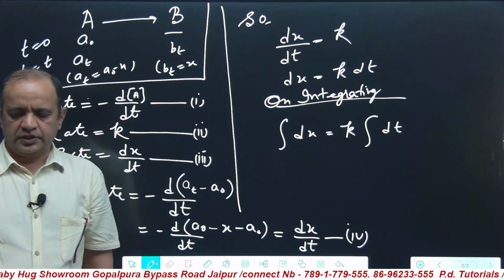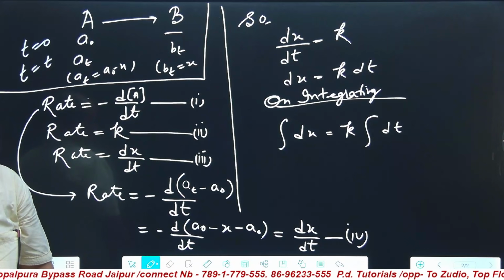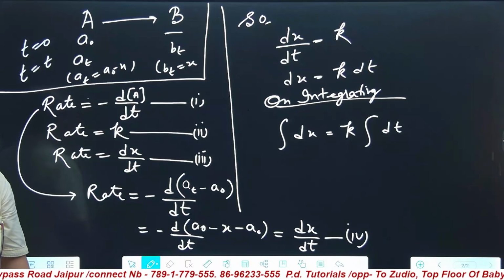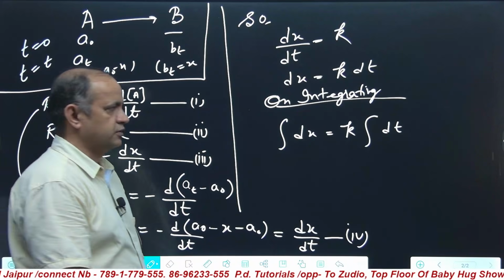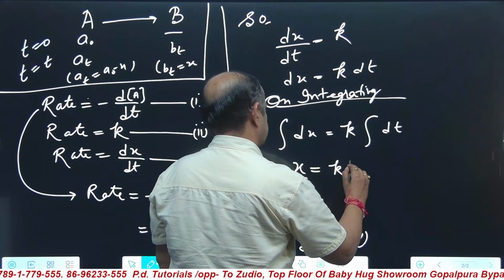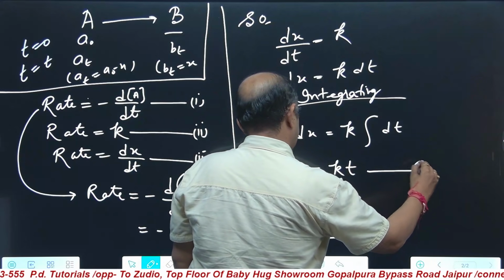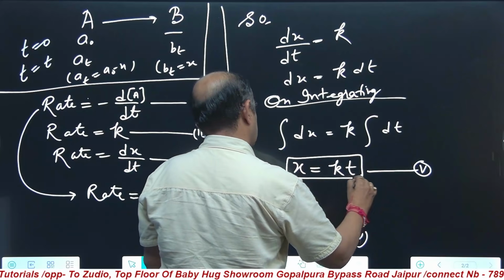Please solve this. On solving, what do we get? x is equal to kt, isn't it? Very, very important formula.